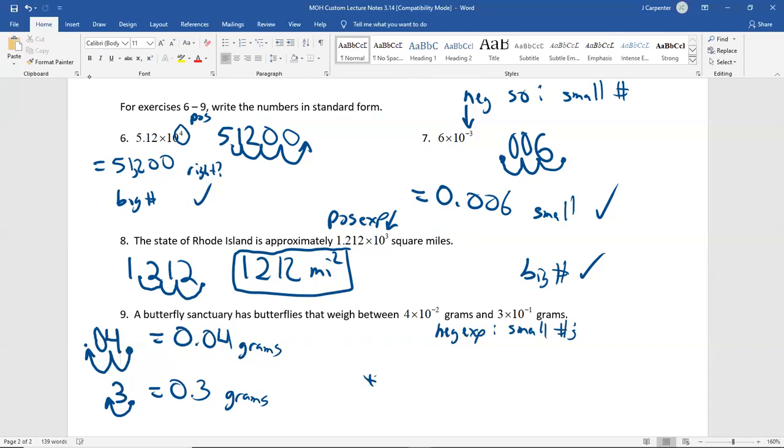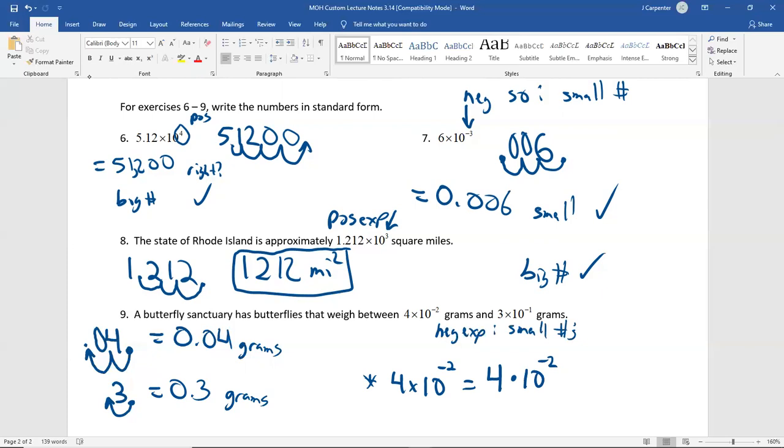So the final memo I want to make is, I mentioned this in passing earlier, but I want to make sure I write it down. The scientific notation, let's just show this one example, 4 times 10 to the negative 2. There is a secondary way to write this. You can do 4 dot 10 to the negative 2. It doesn't matter if there's a dot or an X between them. Some programs prefer the dot, some prefer the X, some don't care. Handwritten, I don't care.